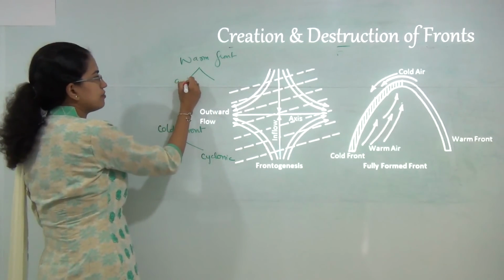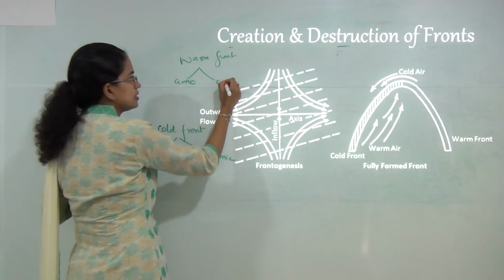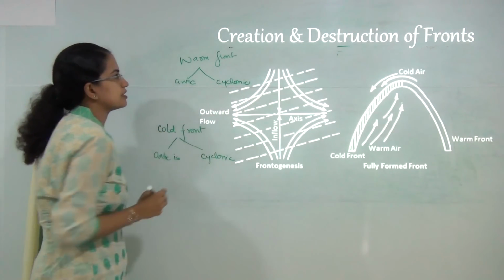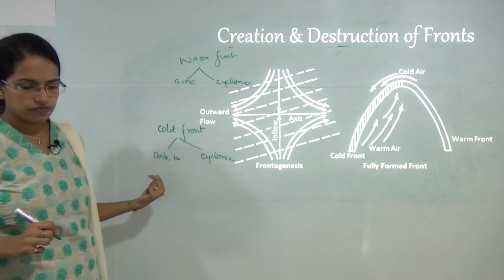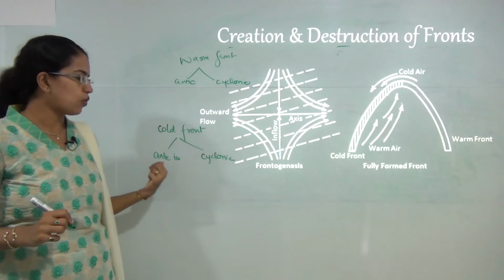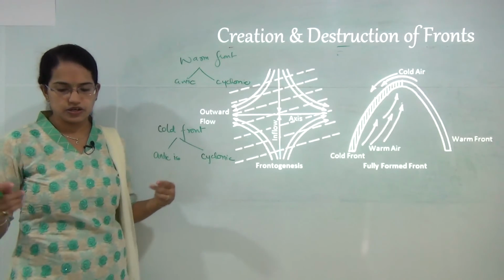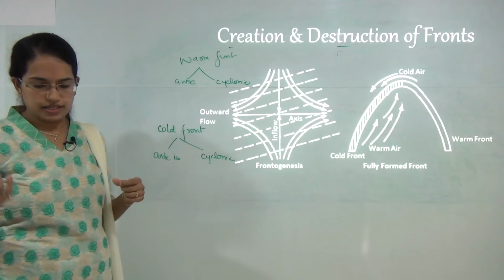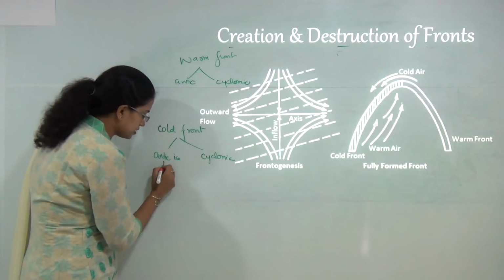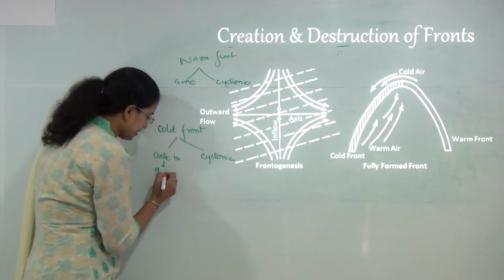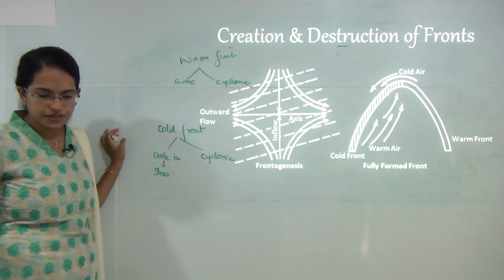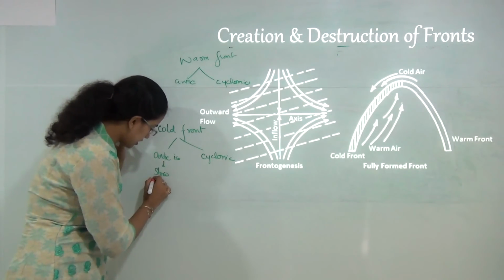And again you have the anticyclonic and the cyclonic isobars that can be seen both in warm front and cold front. What would happen? In the cold front, when there is an anticyclonic isobar that is behind the front, what would happen? That would lead to slow moving fronts, and these slow moving fronts would be the cause for the frontogenesis or the creation of the front.